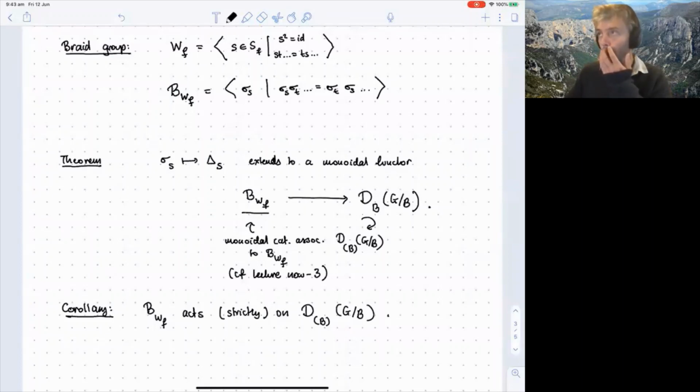So we don't just want to establish a weak action, we want to establish a strict action. And there's a nice theorem of Deligne that allows us to do this, which is a good instance of this kind of generators and relations philosophy. So I want to go through this briefly.